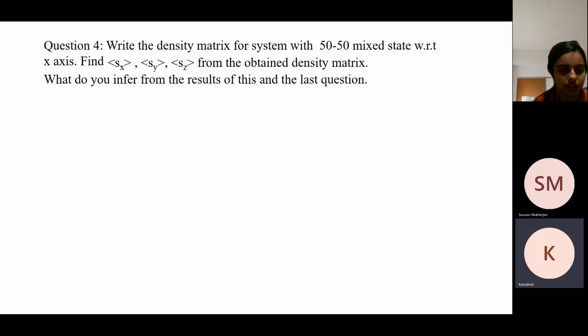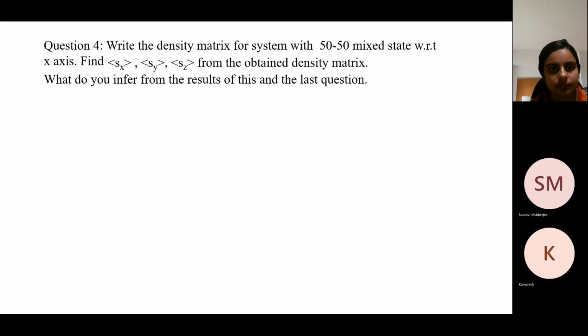They should be 1 by root 2 (1, 1), and another one is 1 by root 2 (1, minus 1). Right, because these are the basis vectors of sigma x, right? So if that is your basis vector, now what should be your density matrix?